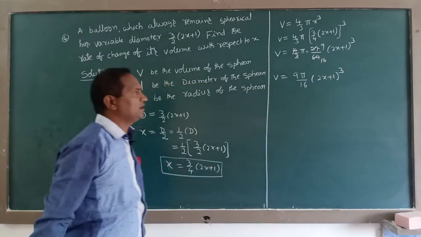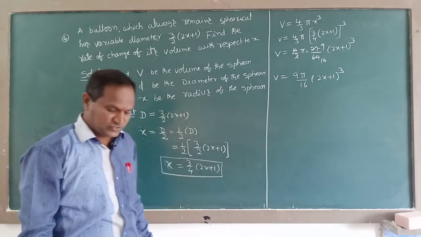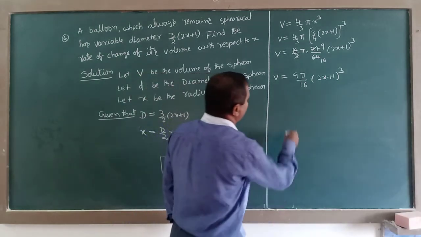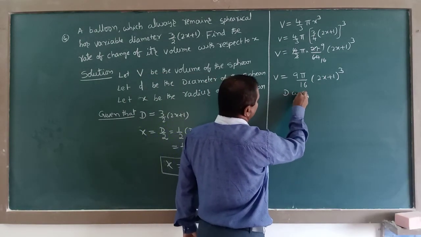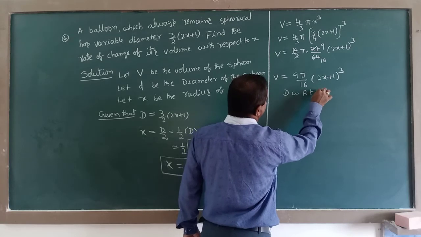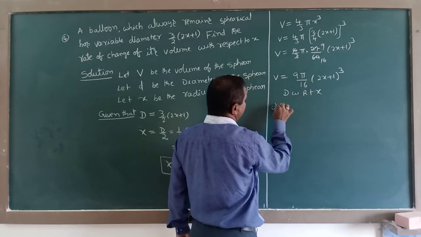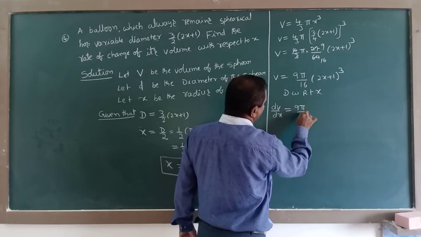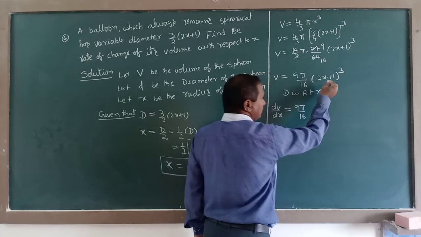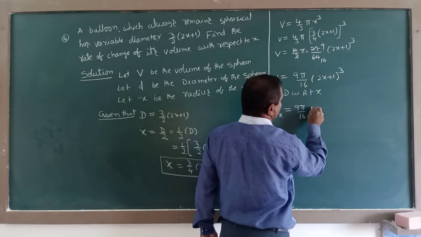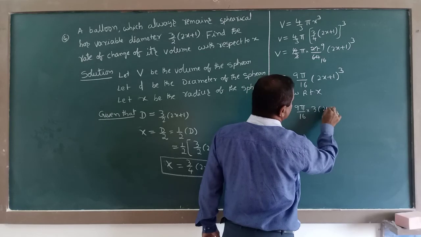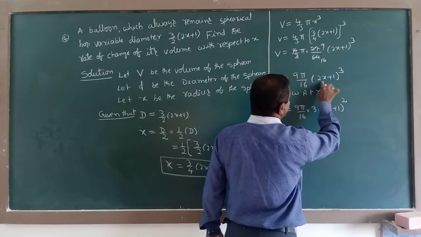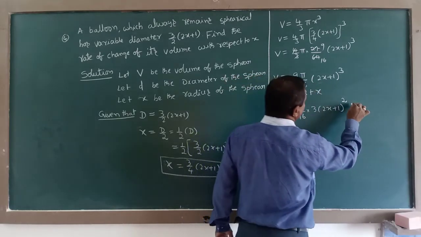From this onwards, we must take differentiation with respect to x. Differentiating with respect to x, dV by dx is equal to 9 pi by 16 into, differentiating the power first, 3 into (2x plus 1) whole to the power of 3 minus 1, that is 2, and again take the differentiation of the base also, which becomes 2.